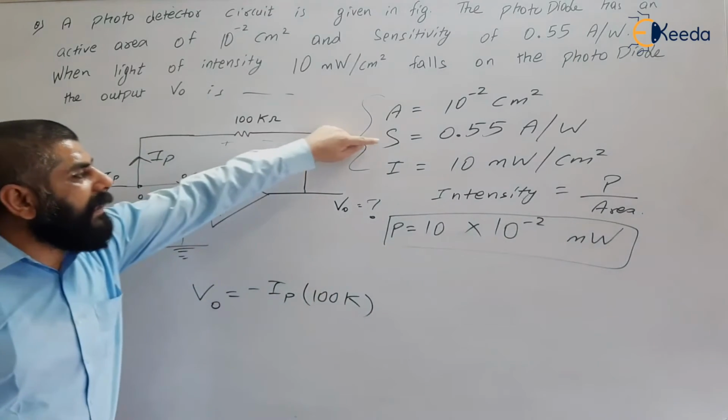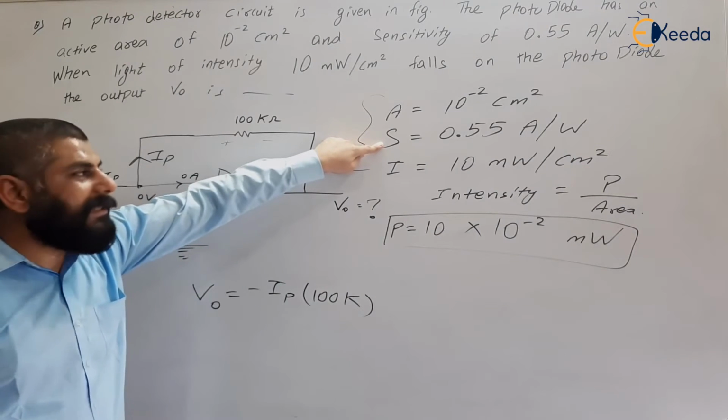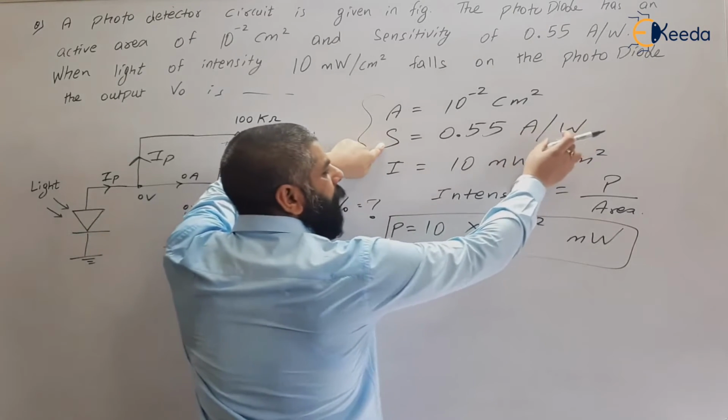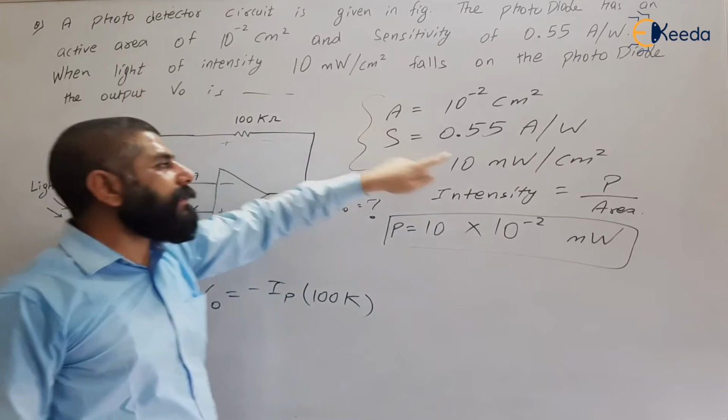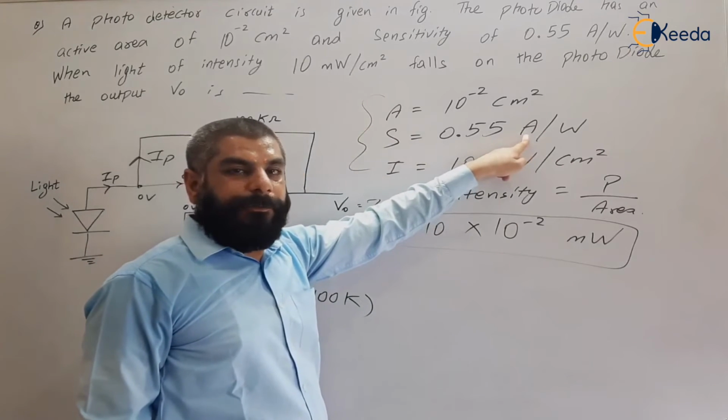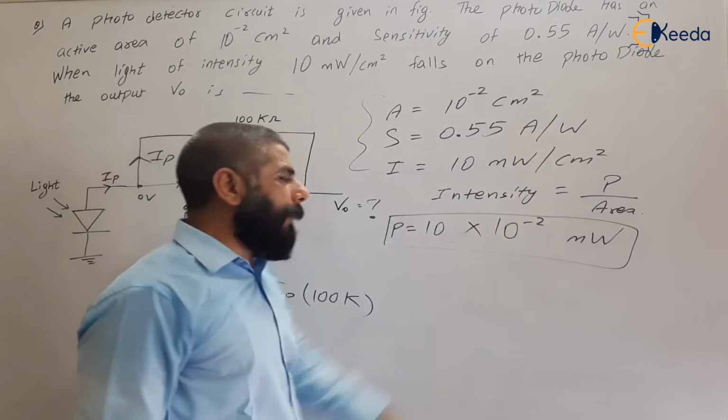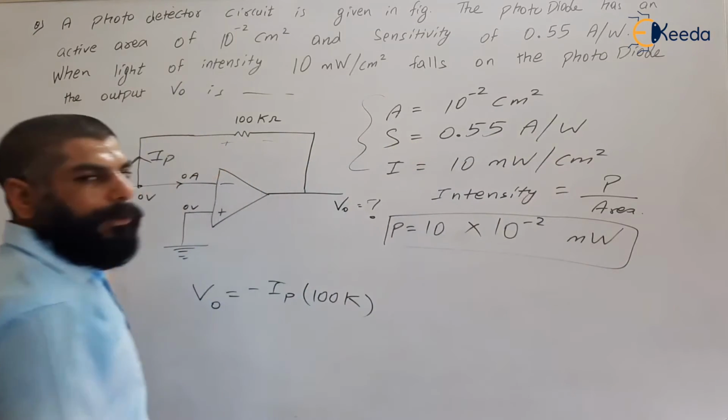Next, one more thing given is the sensitivity. What is the unit? Ampere divided by watt, that is current divided by power, meaning the photocurrent divided by optical power. This is the sensitivity of this photodiode.